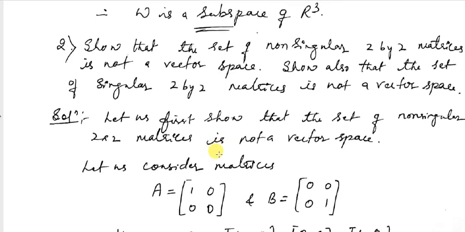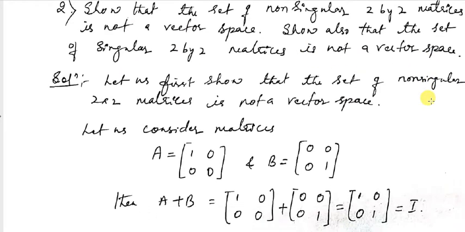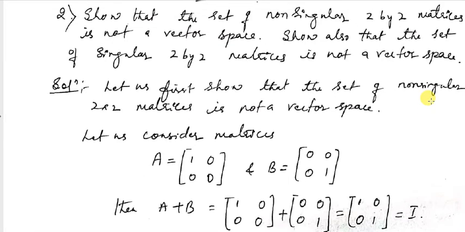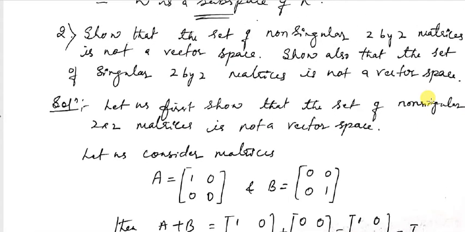In this example, show that the set of non-singular 2 by 2 matrices is not a vector space. Show also that the set of singular 2 by 2 matrices is not a vector space. First let us show that the set of non-singular matrices is not a vector space.